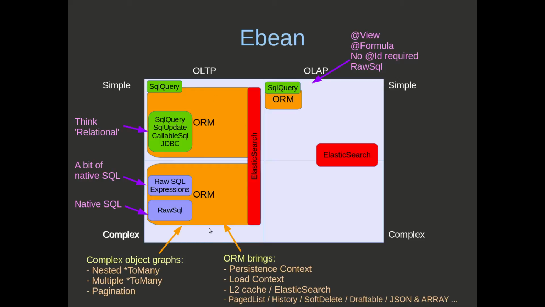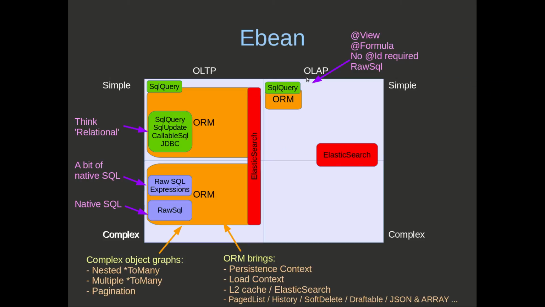In the complex space here, Ebean has good support for types, including JSON and the Postgres array type, but we can do better here with array types. We can add support for range types and GIS types and things like that. So that would be nice, to get some better type support to bring us down here.